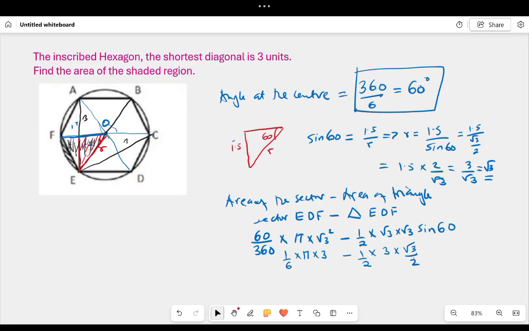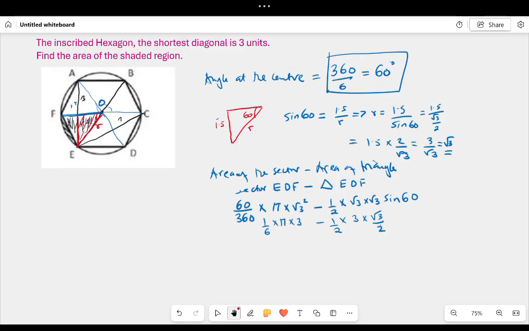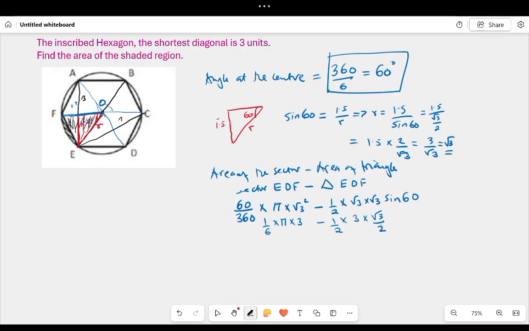All right. Now, working out this side here, we are actually going to get our answer as pi over 2.